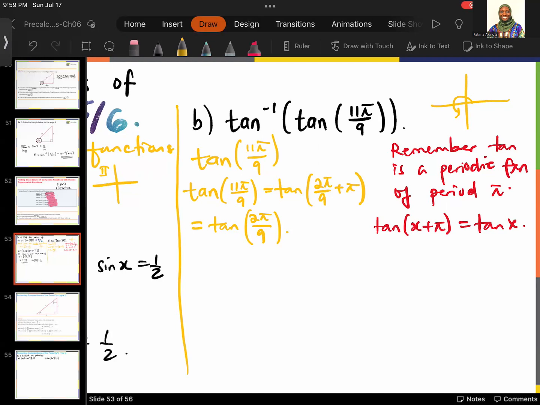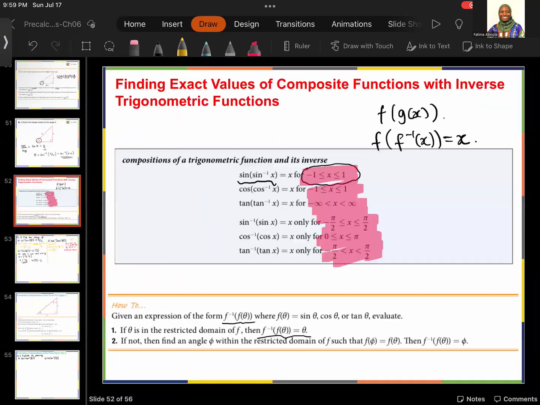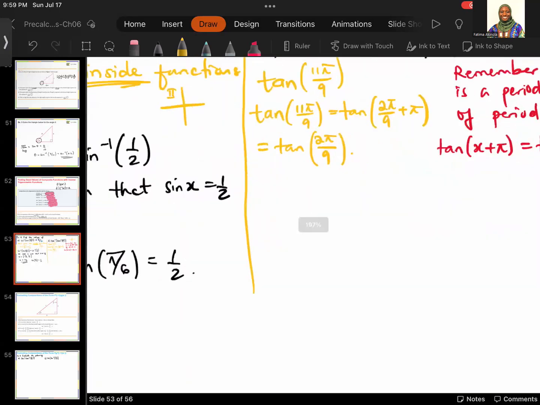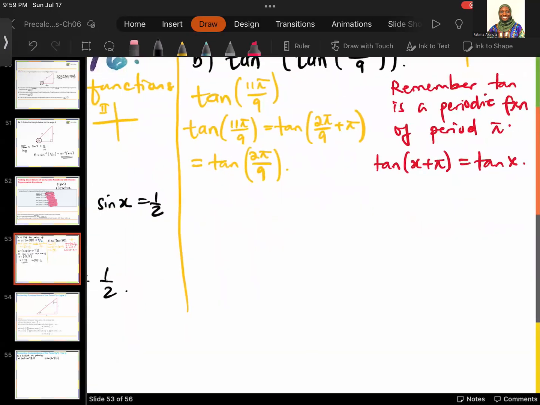Again, remember that tan inverse tan of x is equal to x only if x is between -π/2 and π/2. What have we found? We have found 2π/9.